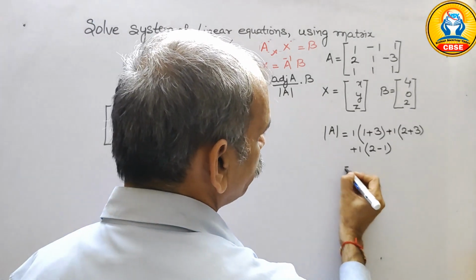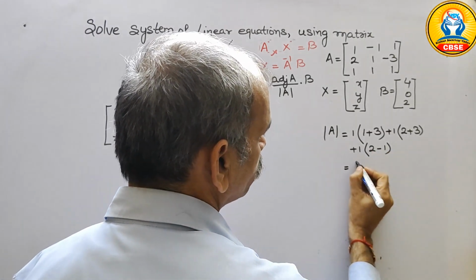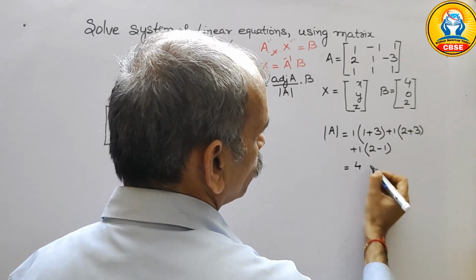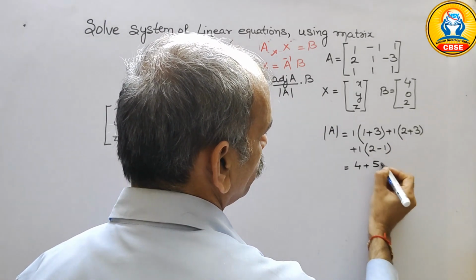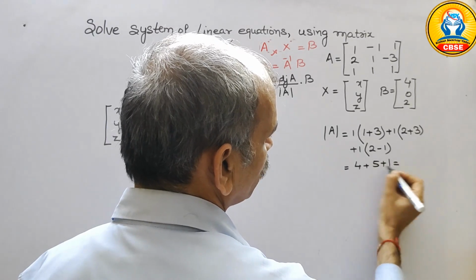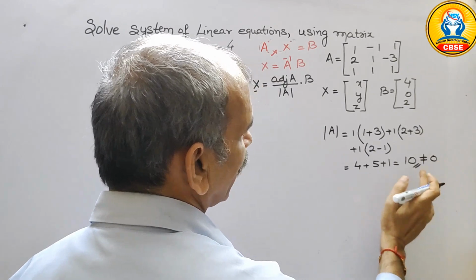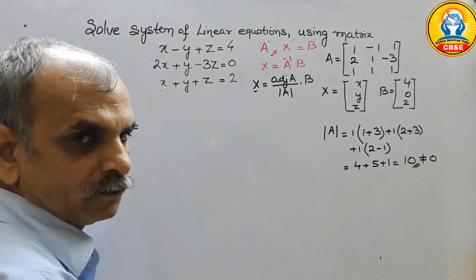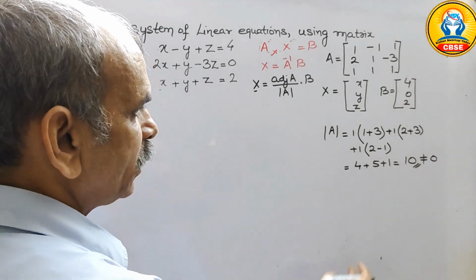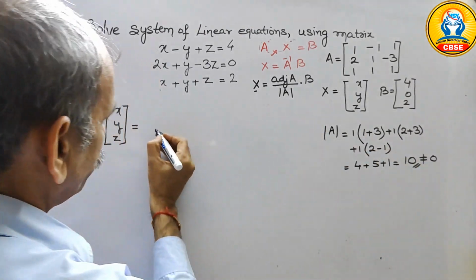If you solve this, we will get 4 plus 5 plus 1, that is equal to 10, which is not equal to 0. That means inverse exists. So this 10 we will write here as 1 by 10.